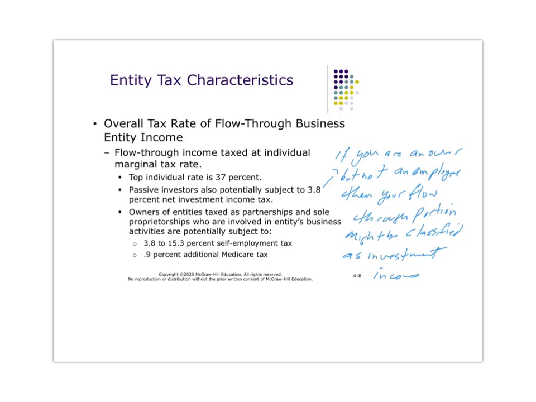If you're involved in the entity's business activities, so you're one of the partners of the partnership, but you also are doing the work of the partnership, then you're going to be concerned with self-employment tax, or this 0.9% additional Medicare tax.